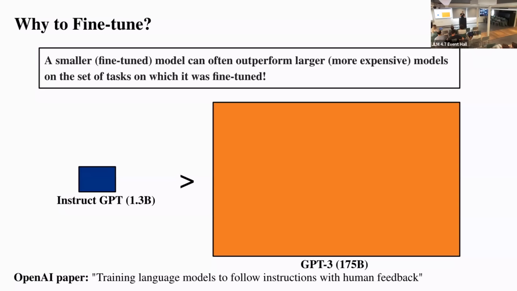Here is, for example, a paper from OpenAI, Training Language Models to Follow Instructions with Human Feedback. In this paper, OpenAI fine-tuned InstructGPT, which is a much smaller model than GPT-3. And they fine-tuned it to better align with human responses. And they got a fine-tuned model which is much better for the task.